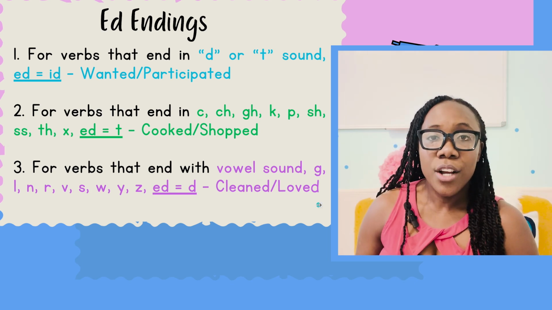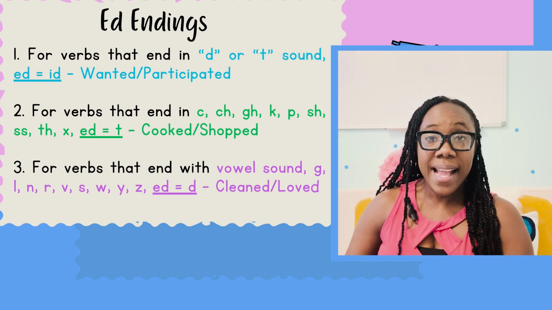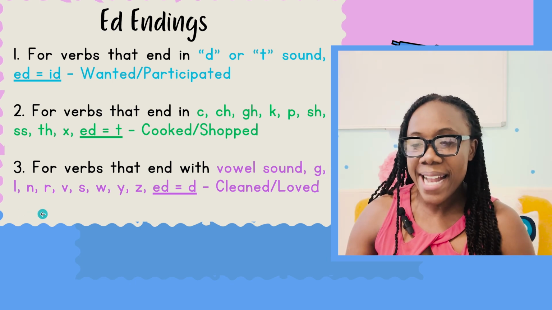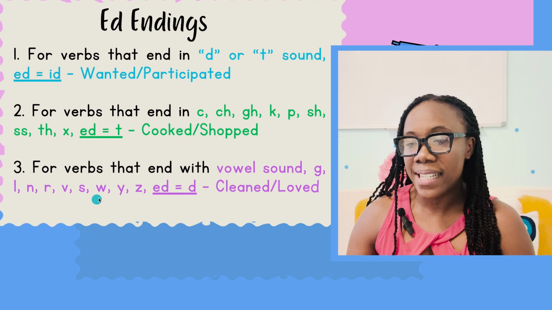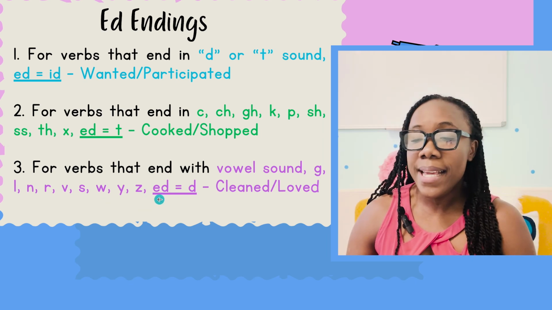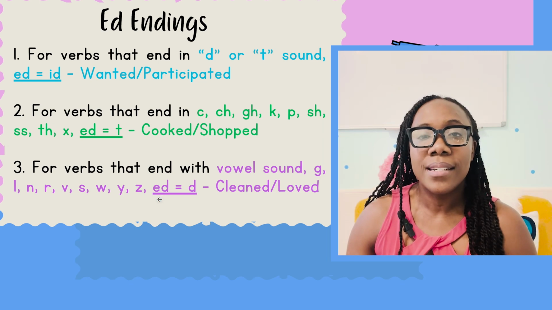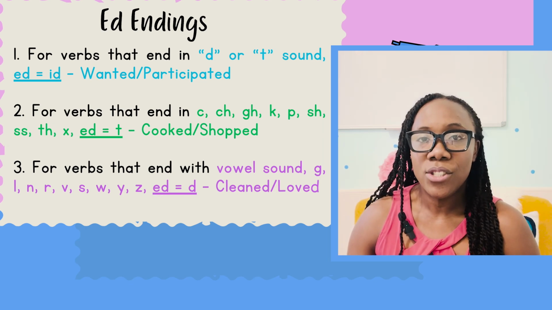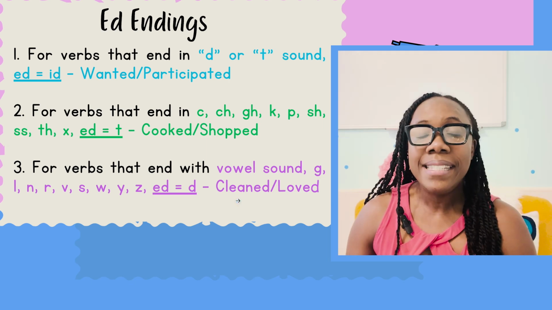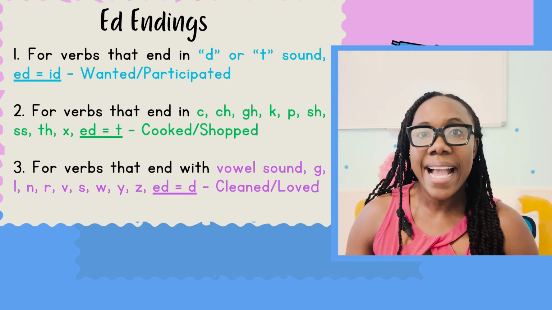And finally, for verbs that end with a vowel sound, or GLNRVSWYZ sound, then the ed is pronounced d. D. So for example, the verb clean, C-L-E-A-N.